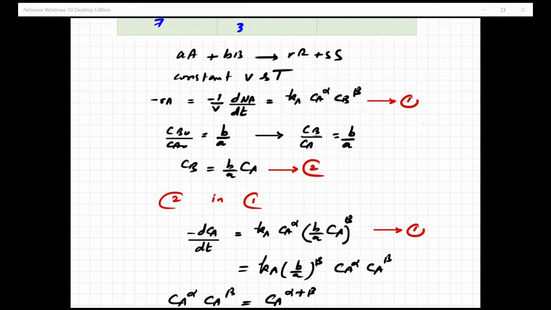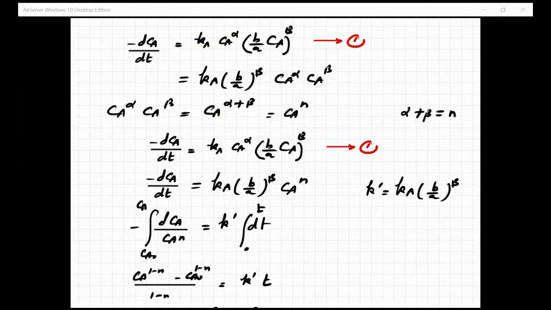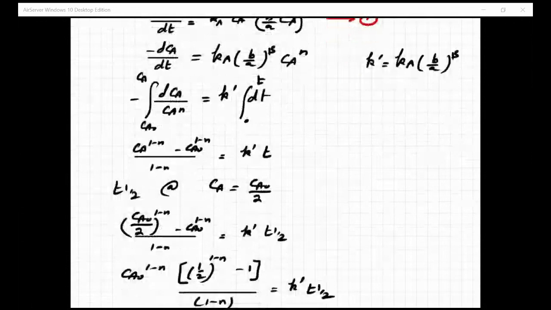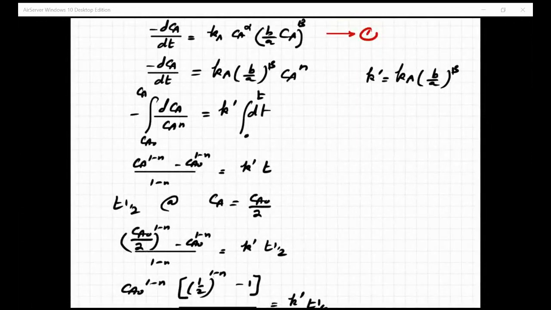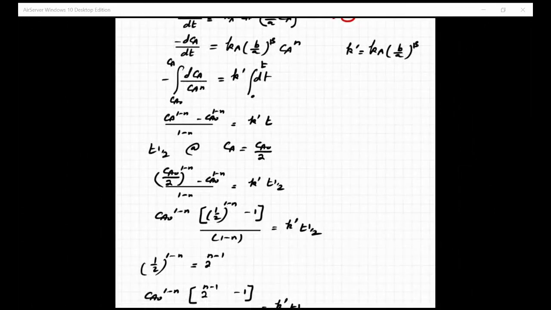But in the case that I have now, it is not the same. I don't have A and B, I only have A. So am I going to start with CA to the power alpha, CB to the power beta? No, I'm not going to do that.